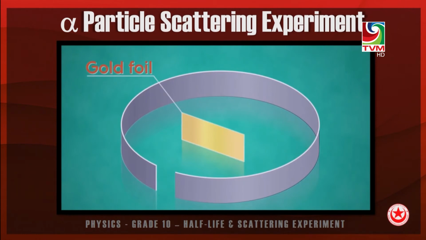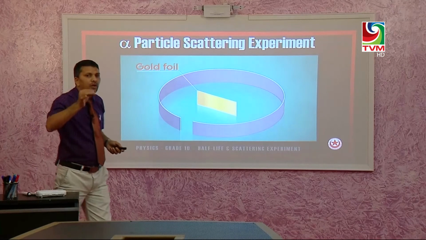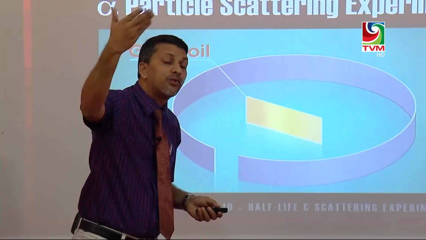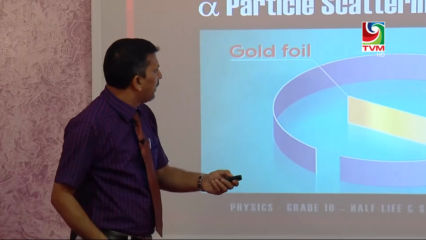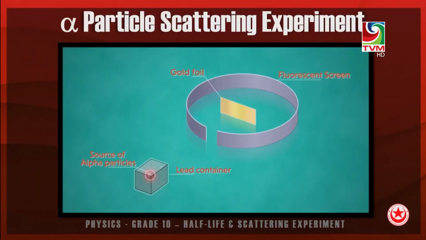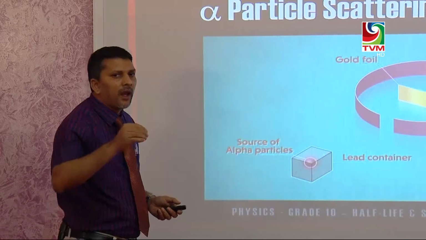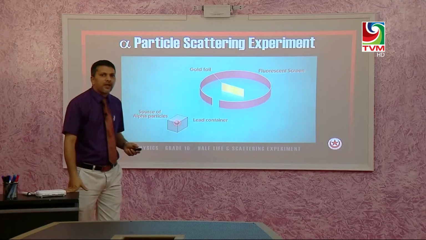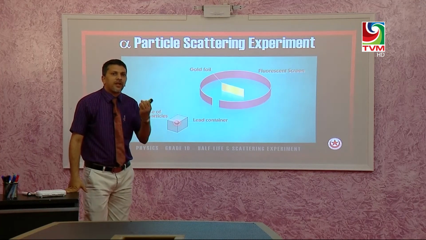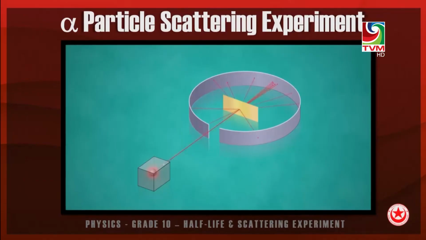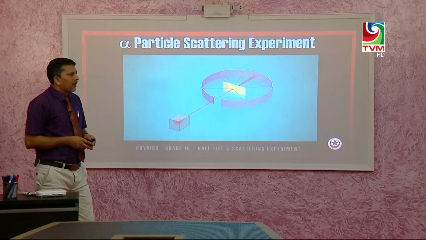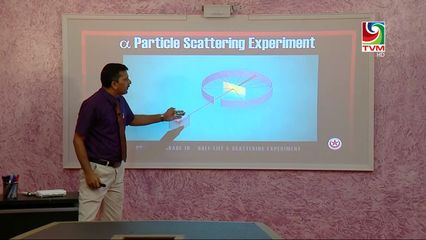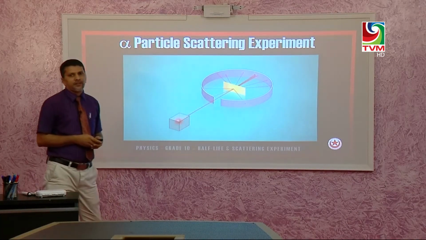Why did he select gold foil? Because a small thin gold foil contains more than 1000 atoms. Then the next one is the fluorescent screen. We know that when an alpha particle hits the fluorescent screen, it glows with light.